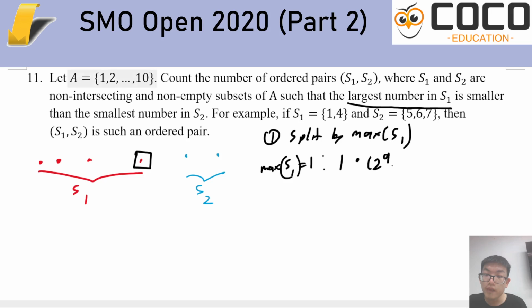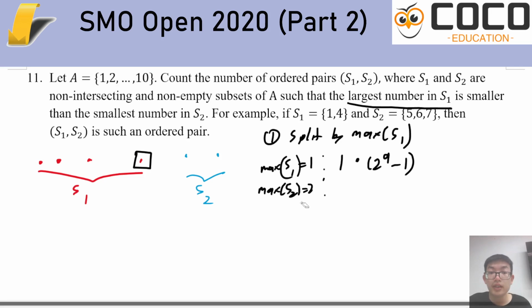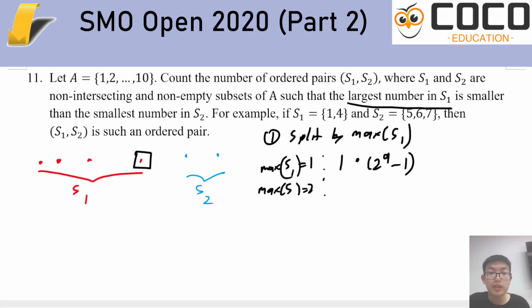So you have 2 to the power of 9 minus 1 choices. Minus 1 because of the non-empty. If your largest element is 2, then there will be 2 choices for S1, depending on whether or not you pick the element 1, and 2 to the 8 minus 1 choices for S2, because now there are 8 things to choose from.